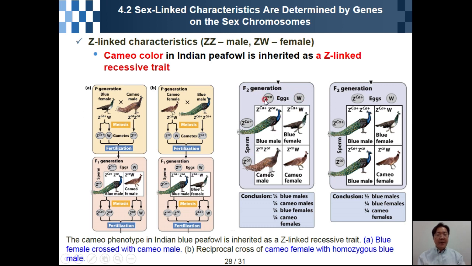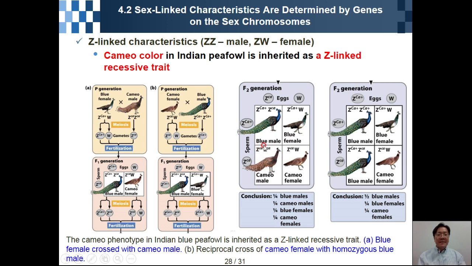So in this square, they will have ZCA plus ZCA, meaning Z is male and the color is blue. How about this one? They will have ZCA plus and W, meaning ZW is female, and they will have the blue color. How about this square?